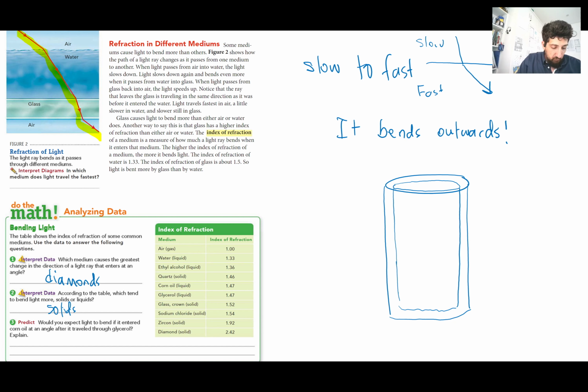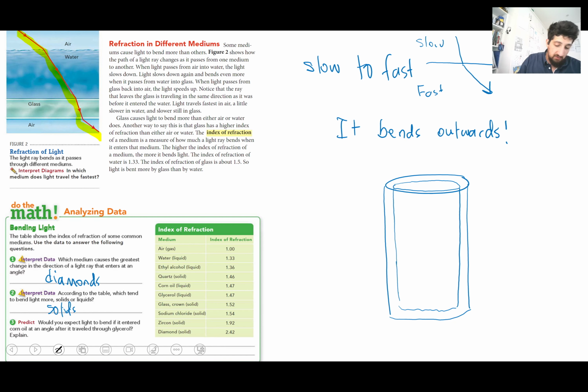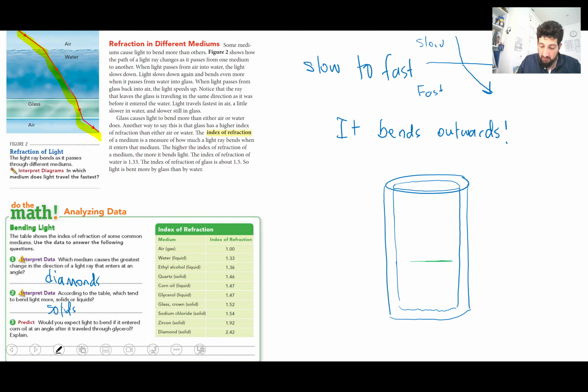Now, what it's saying is that it's got two liquids in there. So we've got corn oil and we've got glycerol, and light is traveling from one to the next. So let's draw these. So I've got corn oil and I'm going to use my highlighter. I'm going to put that over here. Okay, so that's corn oil for you, kind of yellowy in color.